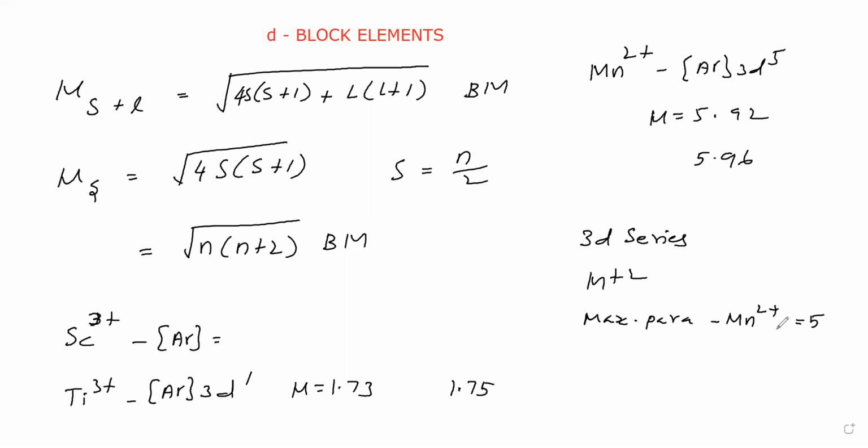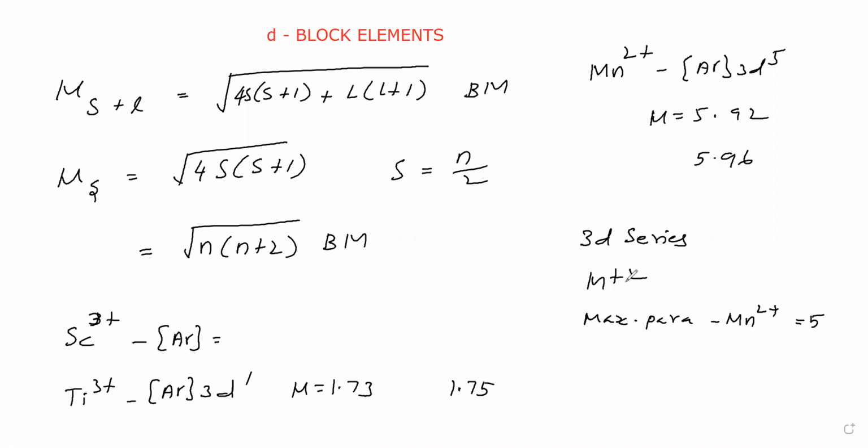The rest do not have 5 unpaired electrons, they have less than 5. Therefore, in the 3d series, taking all elements in plus 2 oxidation state, Mn plus 2 has maximum paramagnetic nature.